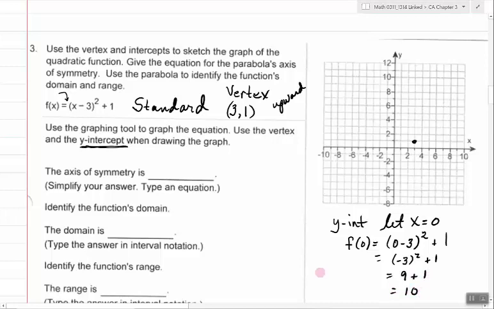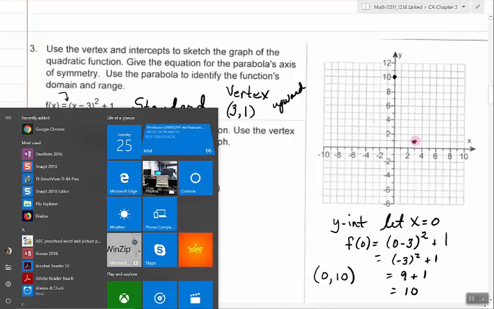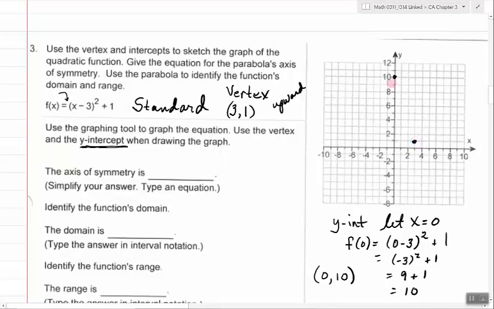The y-intercept is the point, x is 0, y is 10. 0, 10 is right up here. In MyMathLab, if you click the tool that looks like an upward turning parabola, then click the bottommost point, and then click this one, it will open your parabola exactly where it should be.